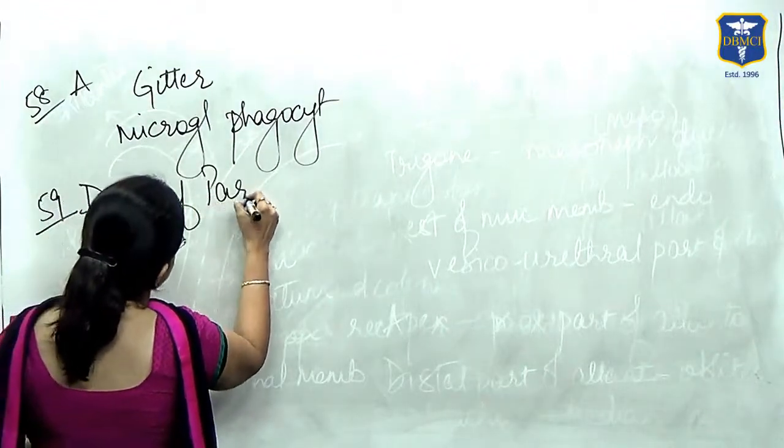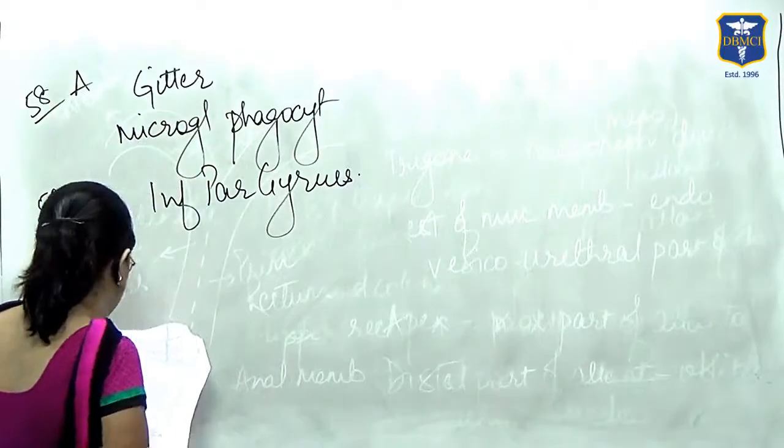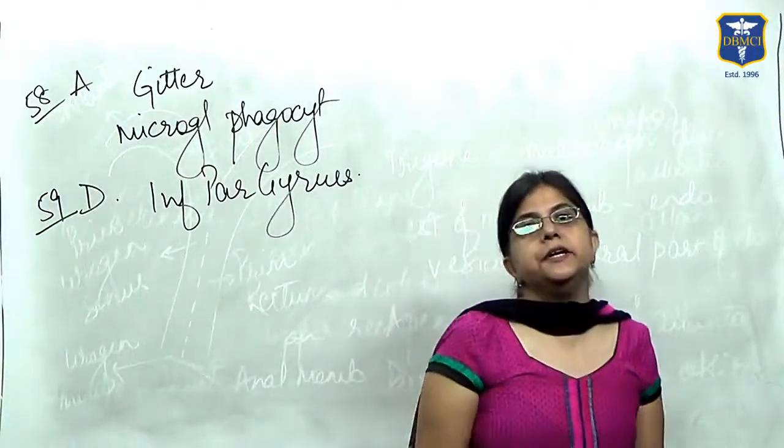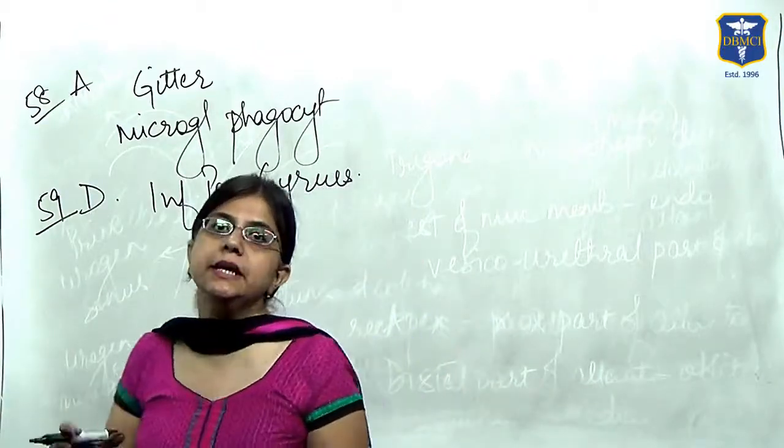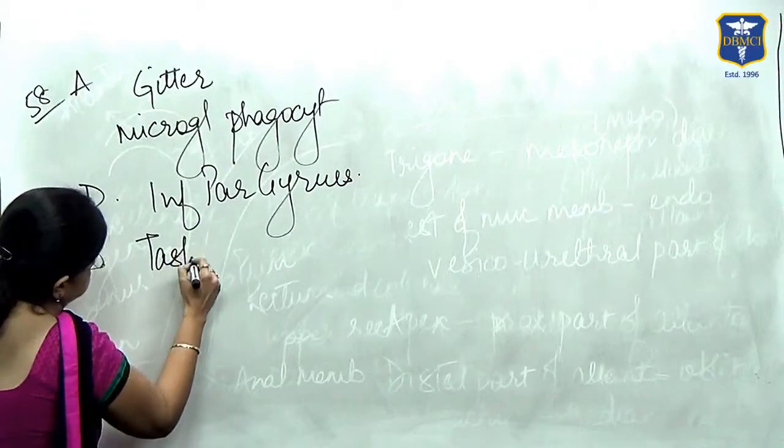Inferior parietal gyrus. The primary gustatory cortex is basically concerned with the function of taste.